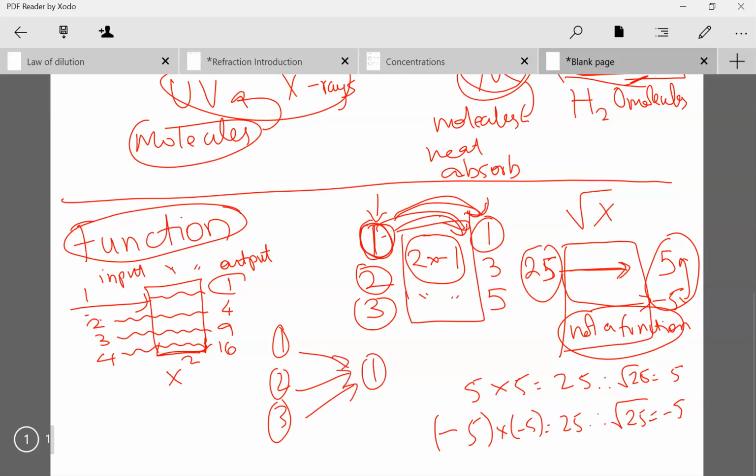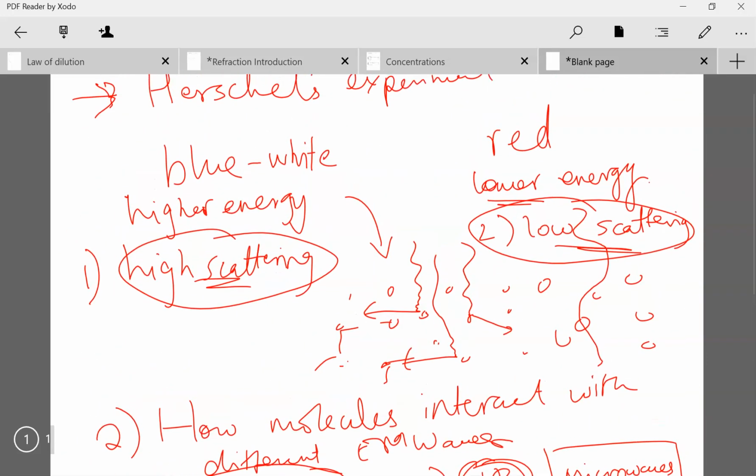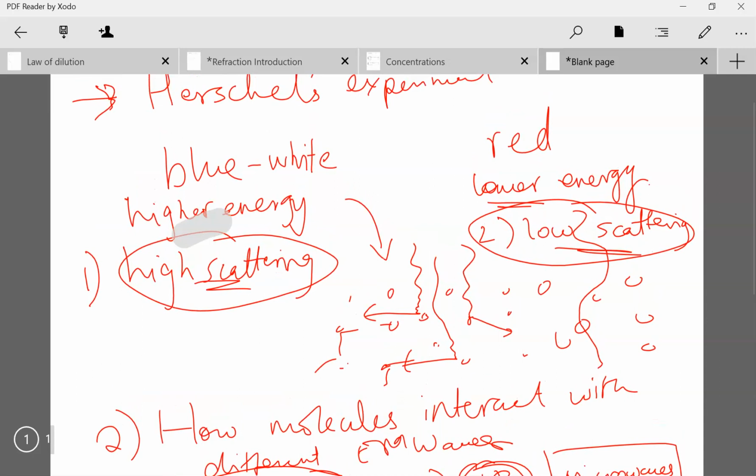It's okay if a bunch of input values all give you the same answer, but one input value cannot give you two different answers like here. That's not allowed in a function. All right, so that's what a function is. You'll learn that in grade 11 math.